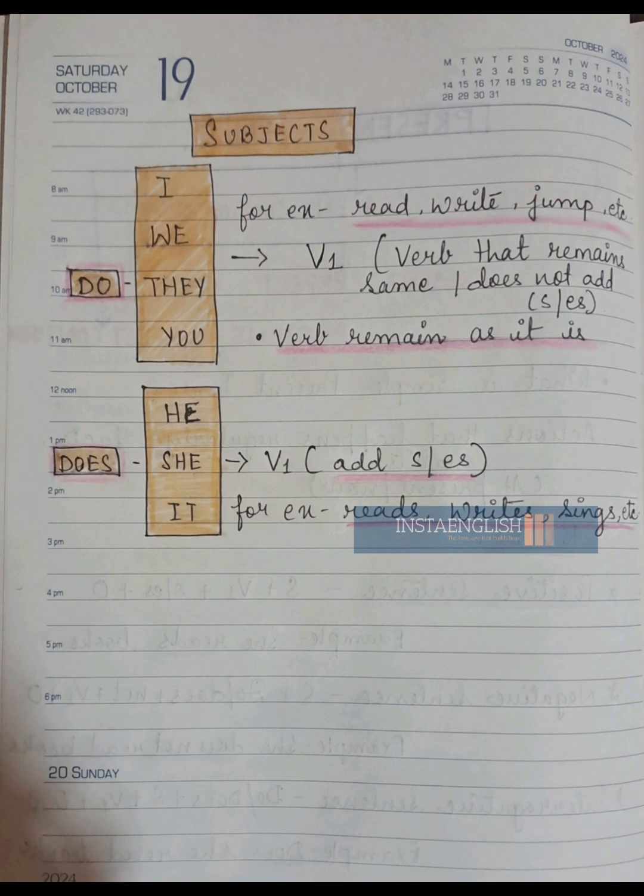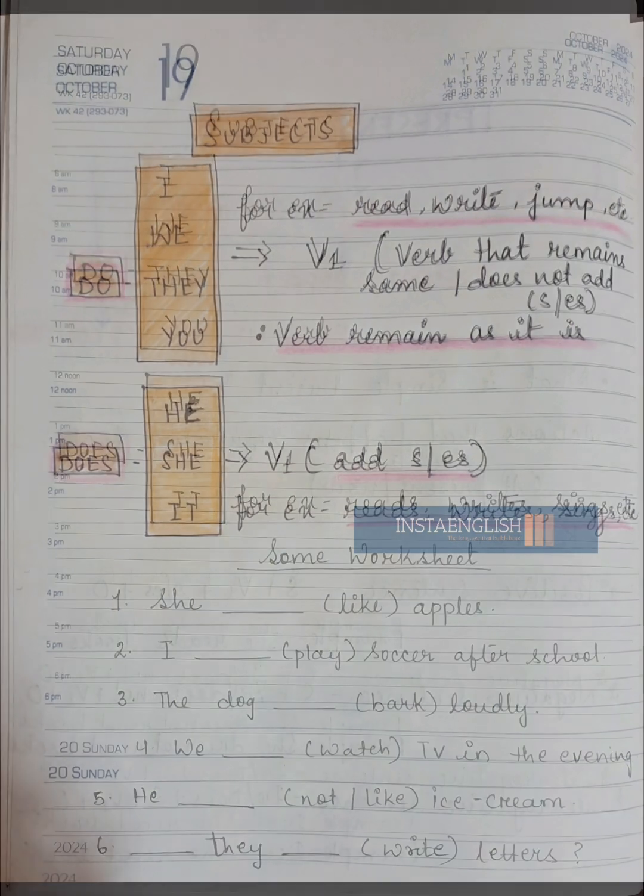For example, he does not play cricket. Okay, so I think now you are clear with it, and you should remember that if you are adding do or does, the main verb remains as it is. Whatever the subject may be, the main verb remains as it is, and s or es is not added to it.